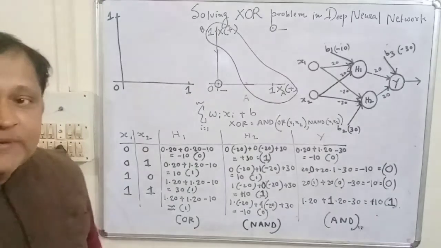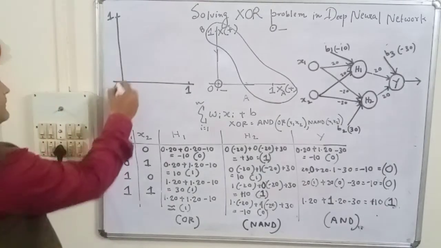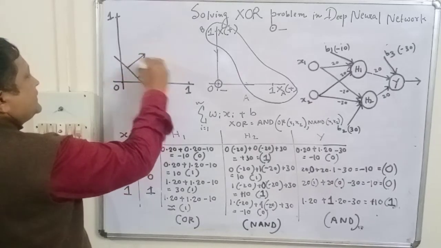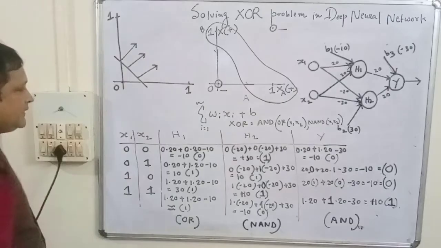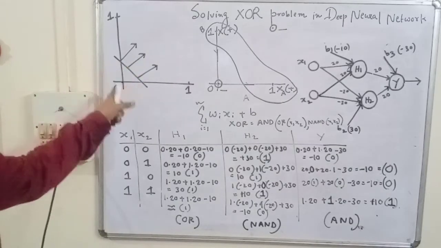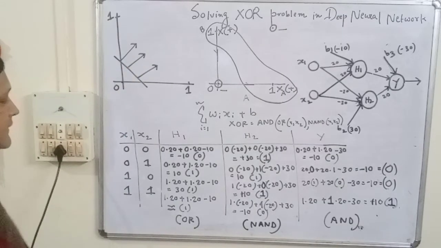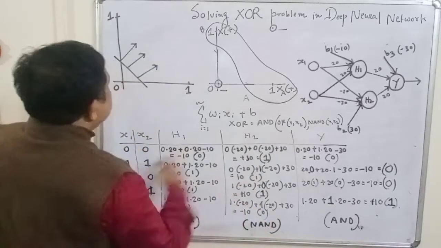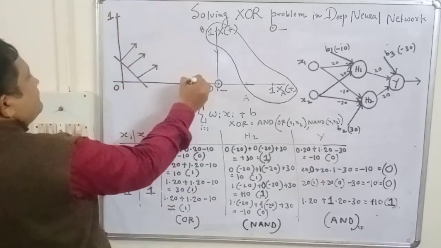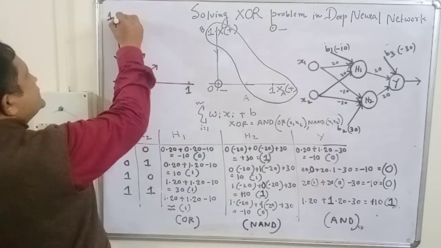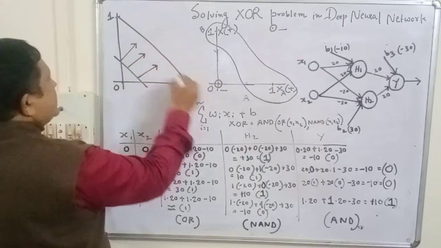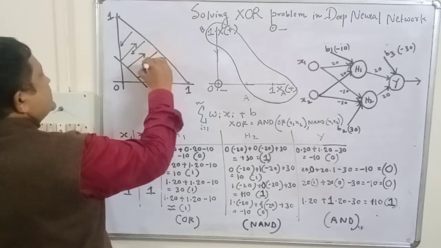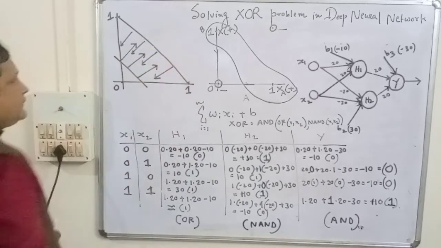Which area represents h1 being 1? Except where both are 0, this particular region will represent that h1 is positive. Similarly for h2, for NAND, if the input is 1, 1, the output will give 0. Apart from 1, 1, all the points below it represent positive, or 1.